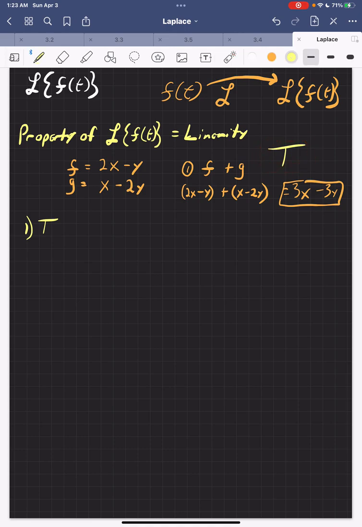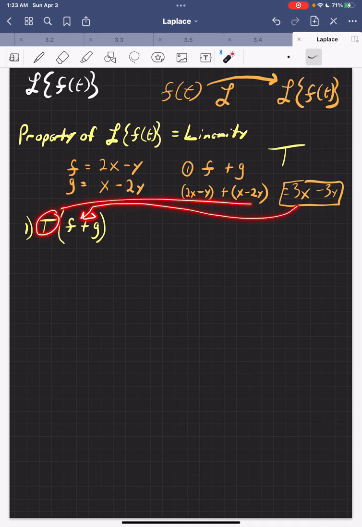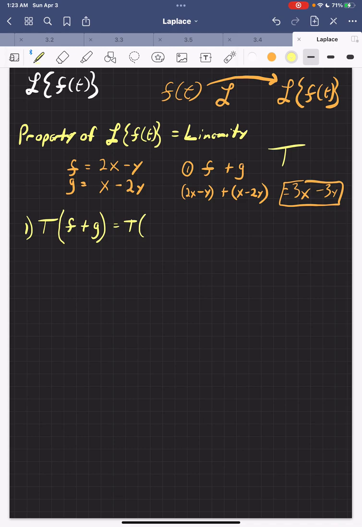That is, if you were to take the sum of f and g, right, just like we did here, and then transform its sum, you would get the same thing as if you were to have just transformed f and then transformed g and then added them, right?